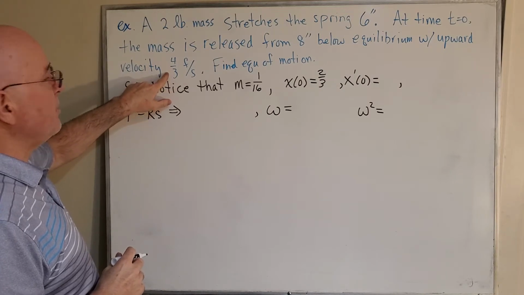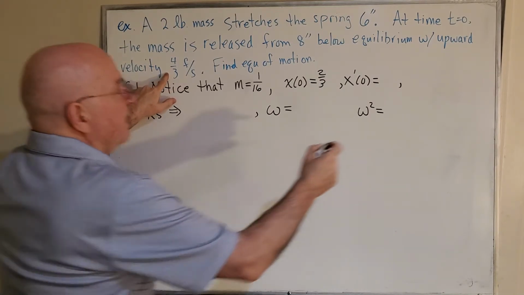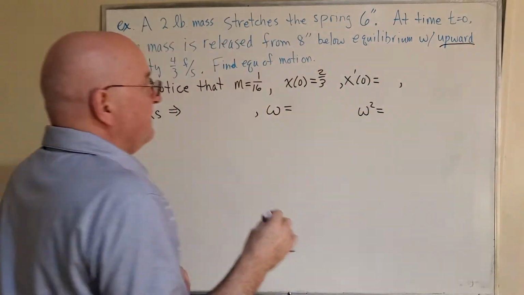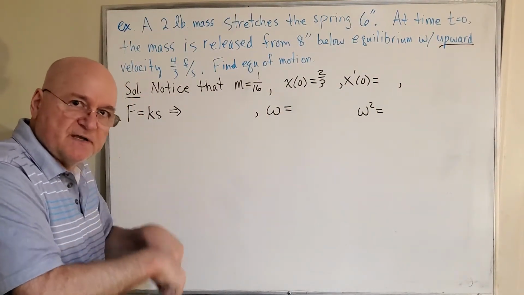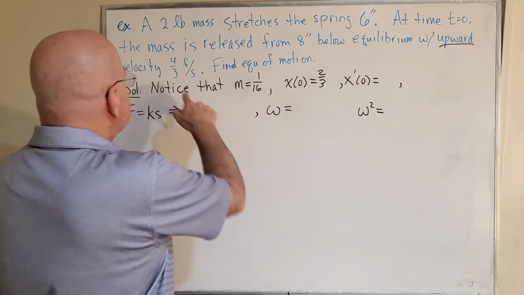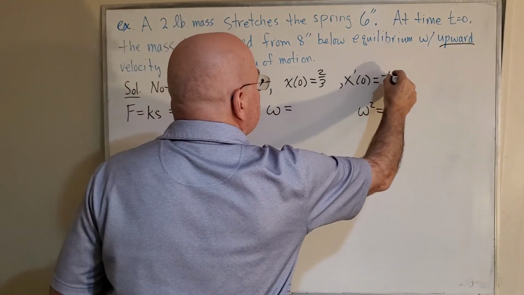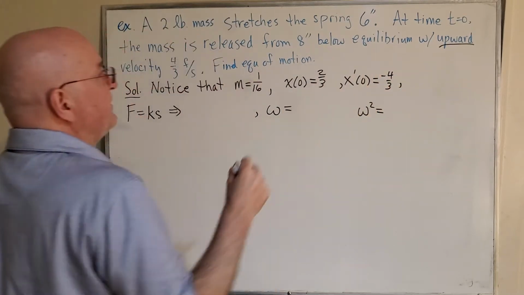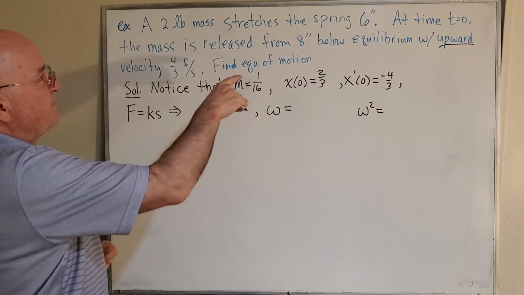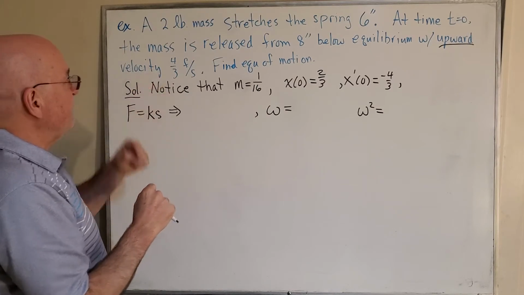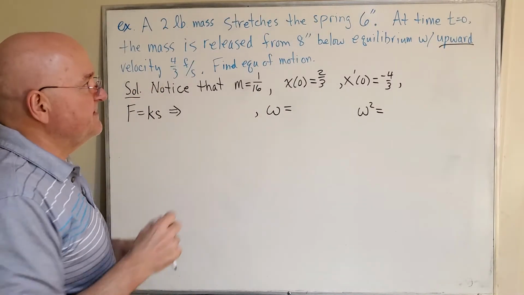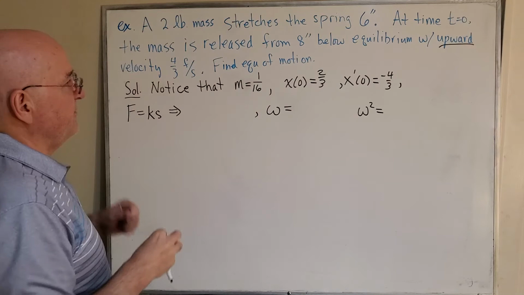Upward means the velocity is negative. If it were going downward, it's positive. Upward is negative, so negative 4/3. So I could have said released from 8 inches below equilibrium with velocity negative 4/3 feet per second, instead of saying upward 4/3.